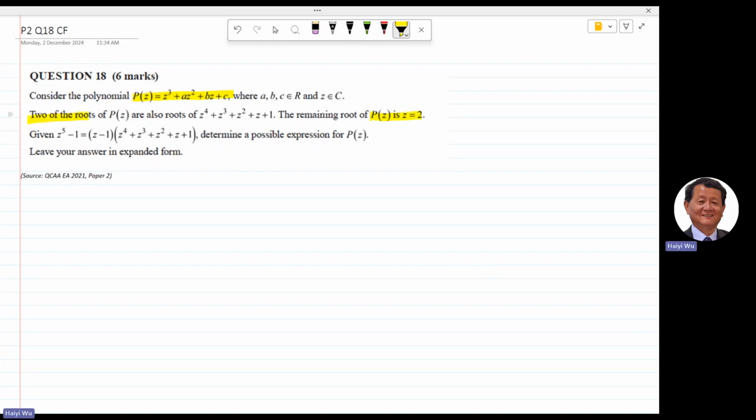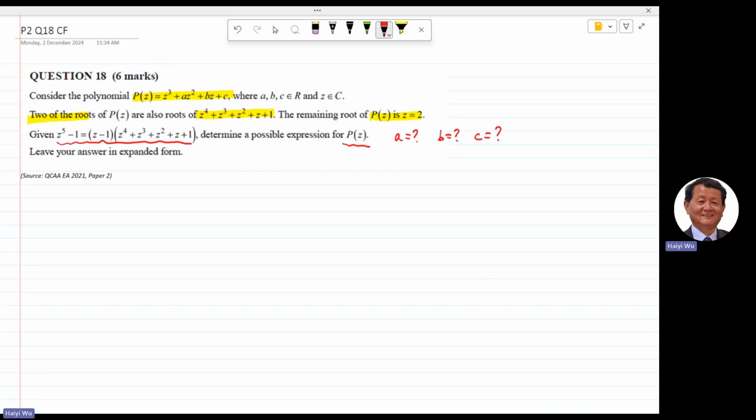The other two roots are also roots of this polynomial, so we're given a little hint to use. So let's determine the possible expression for P(z), so that basically we need to know what a, b and c are.